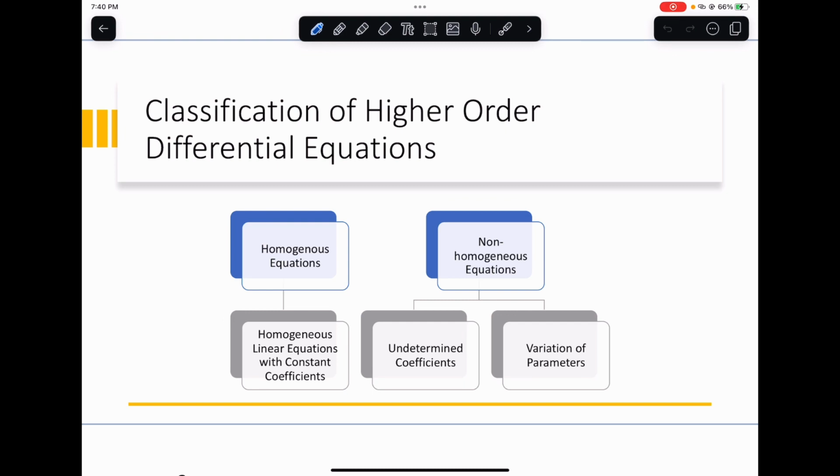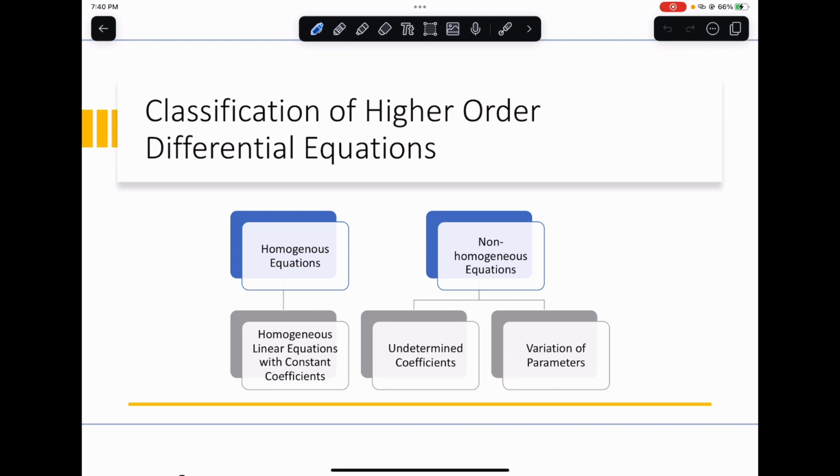One is the homogeneous equation and the other is the non-homogeneous equation. Depending on the classification, it will dictate what kind of method we are going to use.